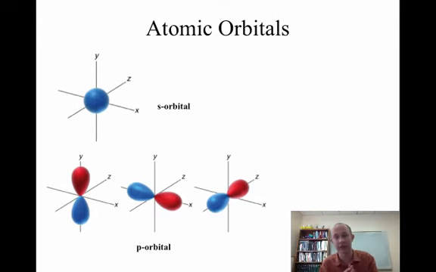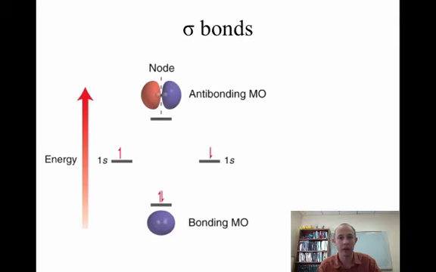So to really understand this, I just want to quickly recap. Remember that to make bonds, what we do is we take atomic orbitals and we overlap them. And when you overlap two atomic orbitals, you can create molecular orbitals. And what you must remember is that the combination of two atomic orbitals creates two new molecular orbitals, which I'll show you on the next slide, right? So remember, and let's say for a very simple example like H2, right?